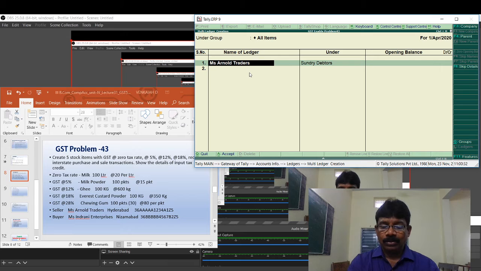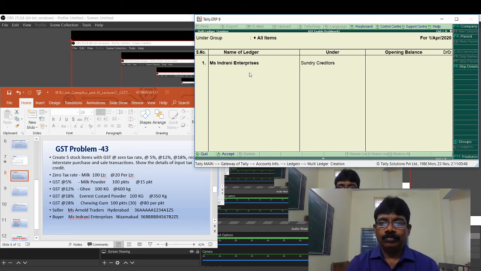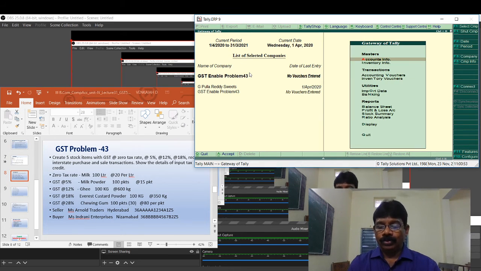They are buying the goods from us. Sundry creditor. When we create a single ledger, we can enter the GST number also.